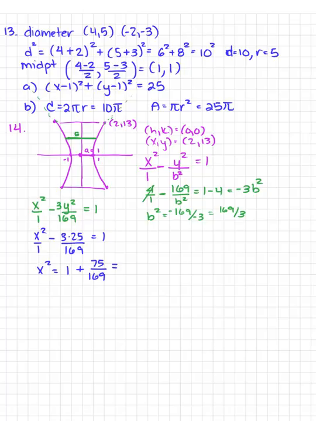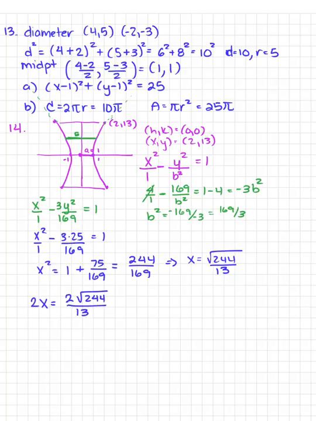That 169 plus 75 is going to be 244 is what that would end up equaling. So x is going to equal the square root of 244 over the square root of 169, which is 13. And so to find the total would be 2x, which, sorry, but I'm not going to take the time to simplify that right now. That would be your answer.